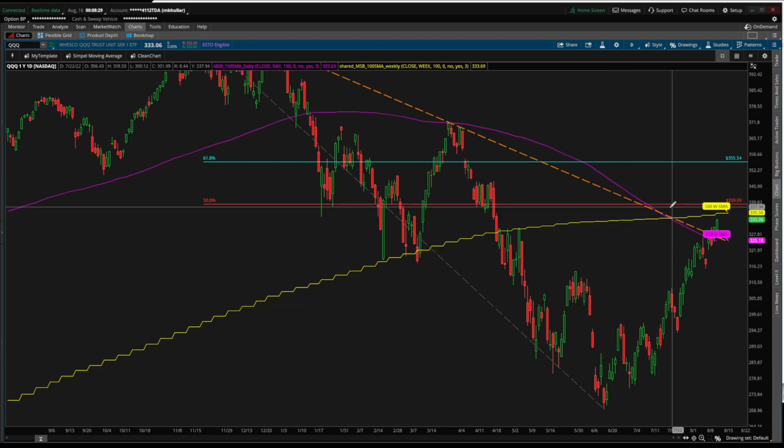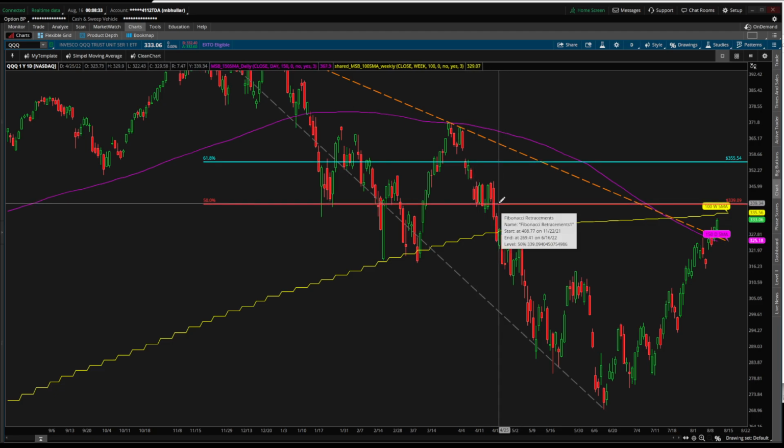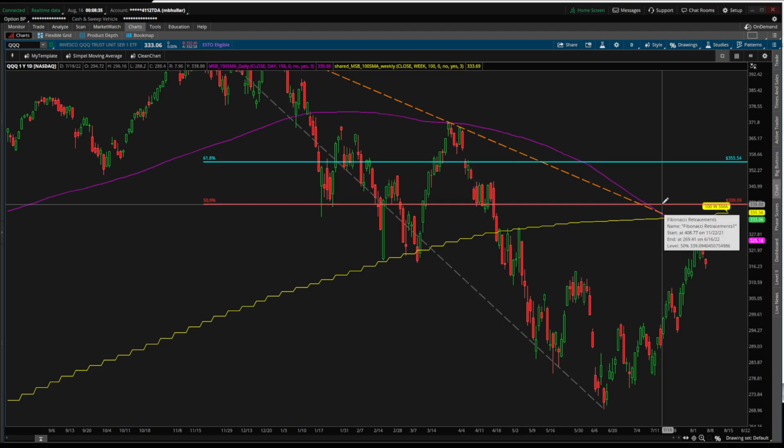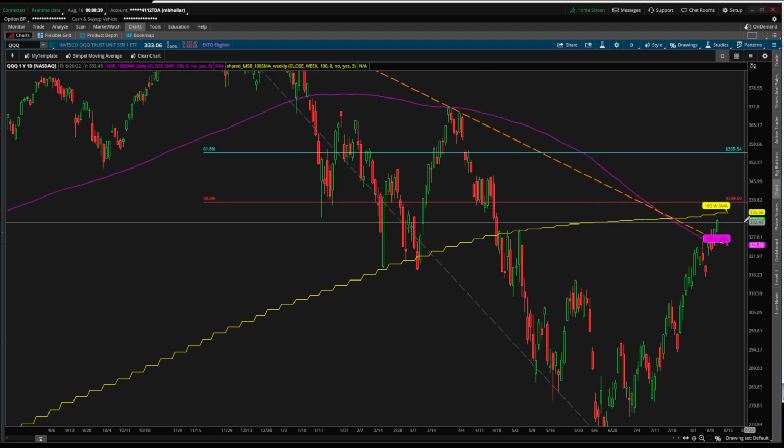Now we are back at that level, and it's likely that this level that was prior support now becomes resistance. That makes it a little easier to look at some of the key points on the chart that you want to track, if you're a short-term trader or even a long-term trader. You can take a look at these levels.